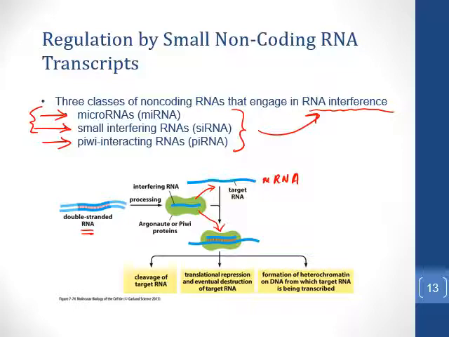And by binding to that target RNA, it's going to do 2 things that are going to inhibit its translation. One is it's going to lead to cleavage of that RNA, which of course we know will eventually lead to degradation, or it can lead to repression of translation and eventual degradation. Now, the third thing that it can do is a really interesting thing.